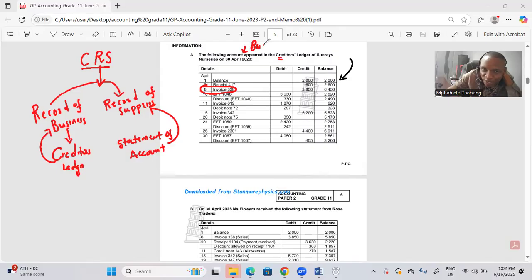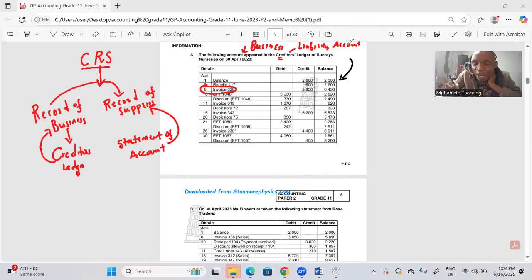And what is this creditors ledger? The creditors ledger gives us the information of how much we owe to the supplier. So it is actually what we call a liability account. It tells us how much we owe to the supplier.